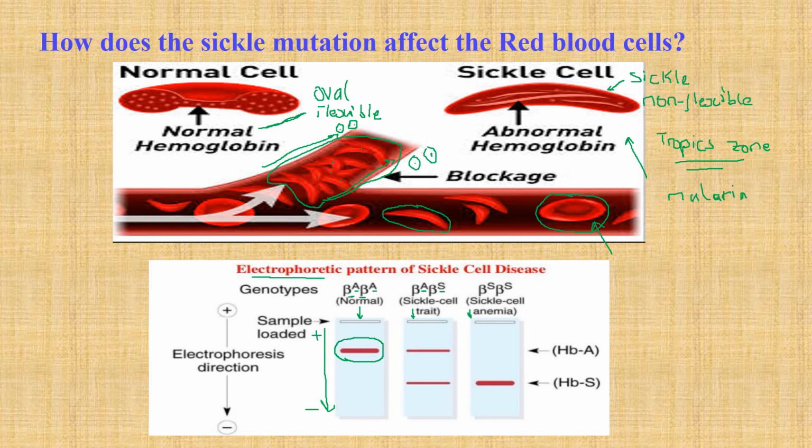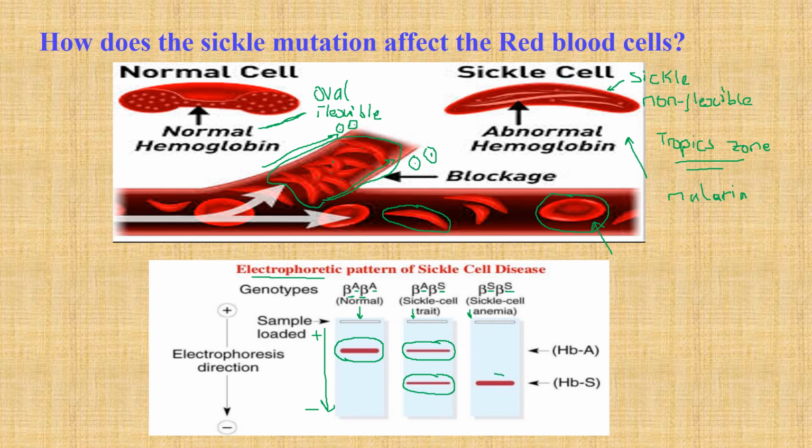So when someone is a carrier and his DNA is run on the electrophoretic chamber, the person will have two bands: one up here corresponding to the level of the normal hemoglobin and one down here corresponding to the band of the sickle hemoglobin.